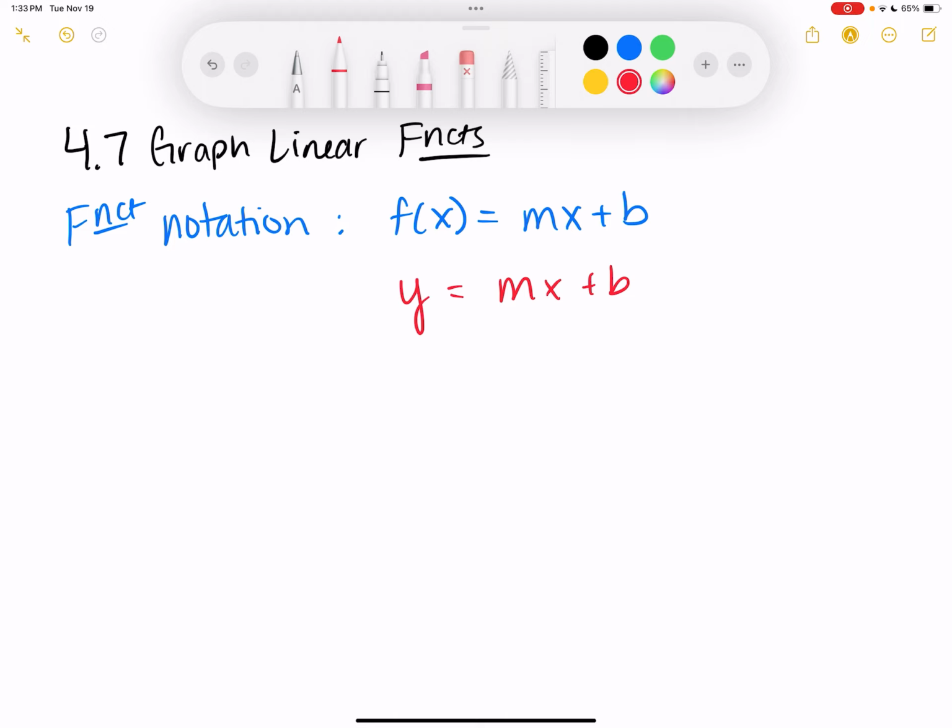So, for example, f of x equals mx plus b constitutes a family of linear functions. Because we don't know what each of those things is equivalent to. Like, what does m equal? What does b equal? So that would just be a family of linear functions right there.